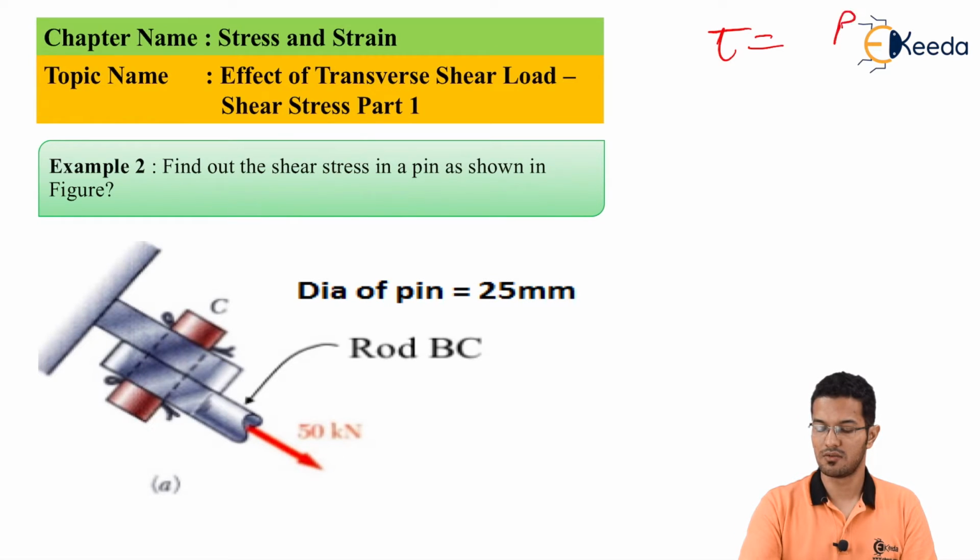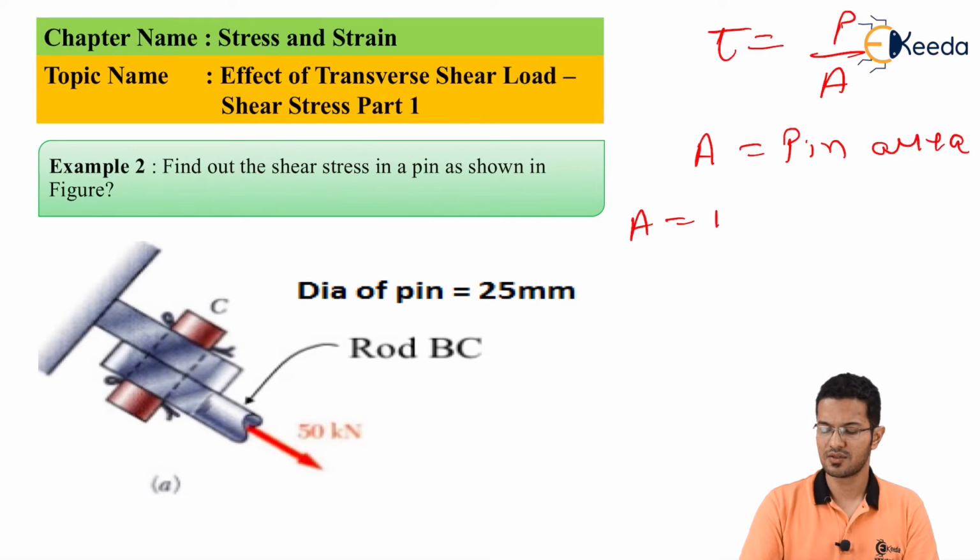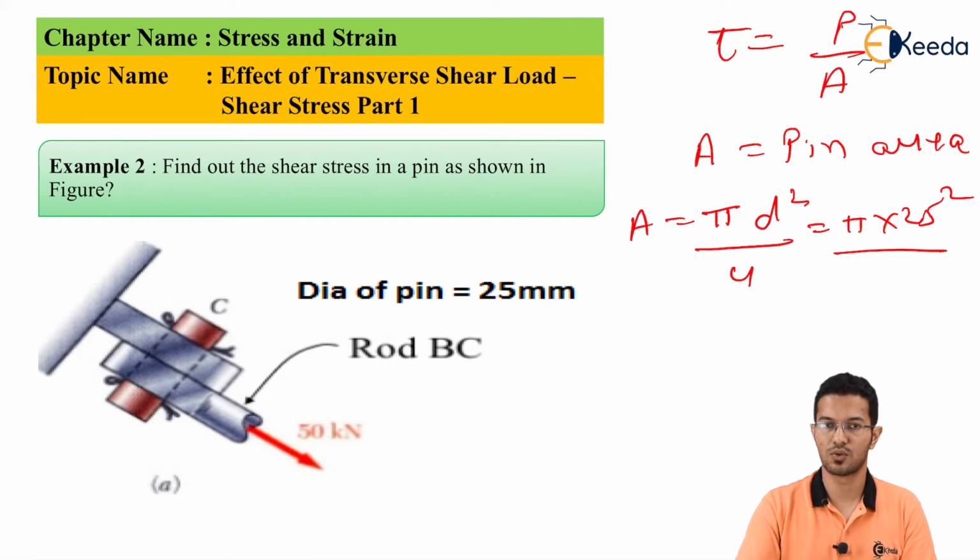Tau is equal to P upon A, where A is equal to the pin area. A, as we know, is pi into d square the whole upon 4, where d is given to us as 25. So pi into 25 square the whole upon 4 gives the answer to be 491.